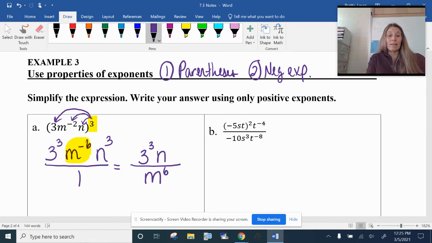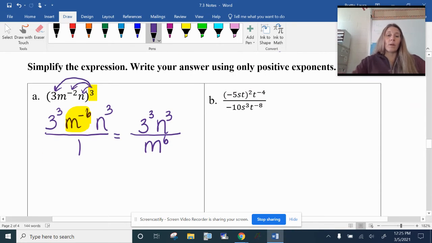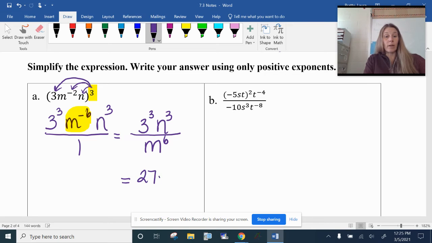The n is going to stay where it is because it already has a positive exponent. So now the only other thing I've left to do is work out 3 to the third power, which is 3 times 3 times 3, and that's 27. So I have 27 n to the third over m to the third for that final answer.